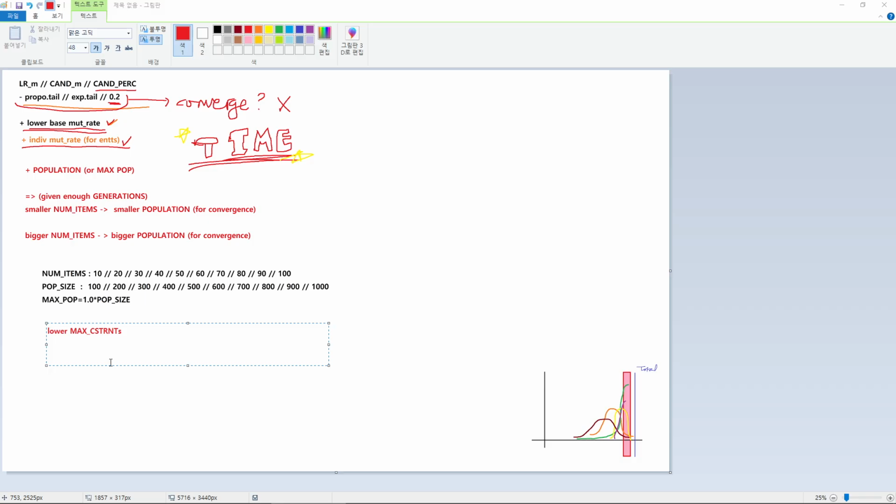The first thing that I did is exactly this. So we have 10 eras. The number of items will start from 10 and increase until it's 100.